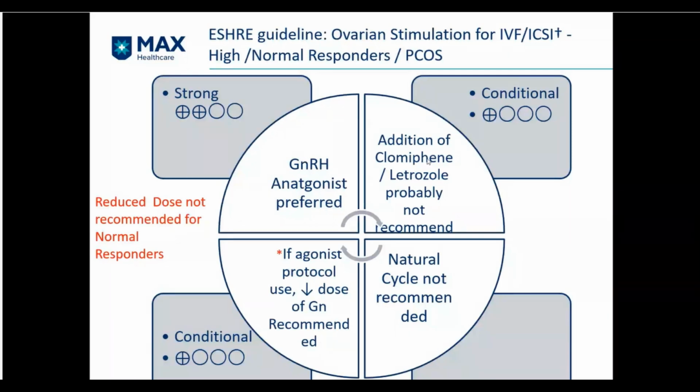Clomiphene or letrozole probably is not recommended in high or normal responders, and natural cycle is not recommended. Against each, I have given the evidence level, whether strong or conditional, with the grade of evidence.